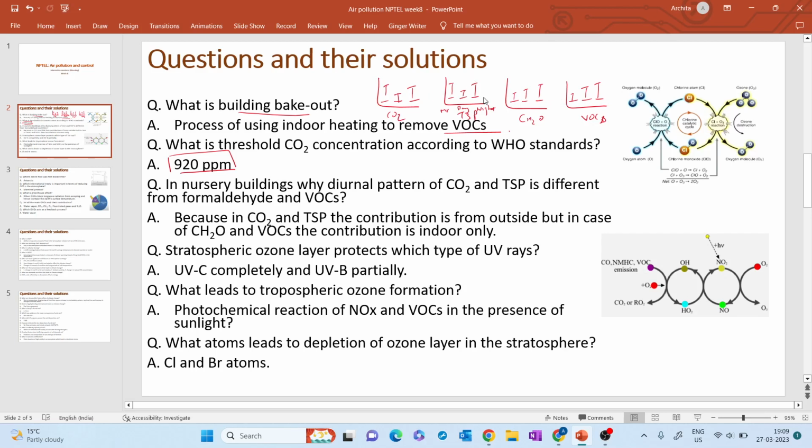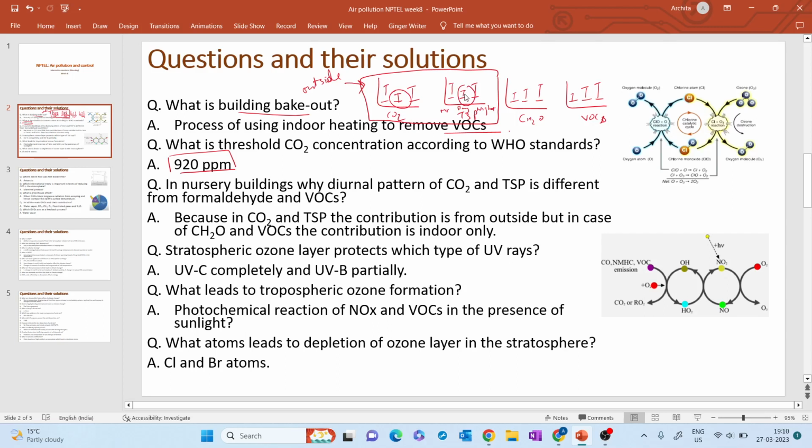Now, this shows that for CO2 and TSP, the inflow can also be from the outside, because generally this is the pattern of particulate matter or CO2 that we see outside. During the daytime, because the ventilation is so much, there is a lot of circulation, and because of the circulation, the concentration during the afternoon hours is very less.